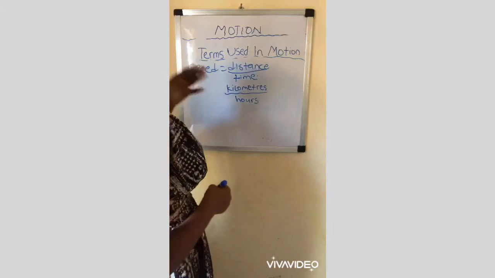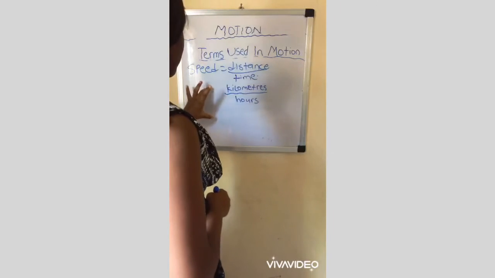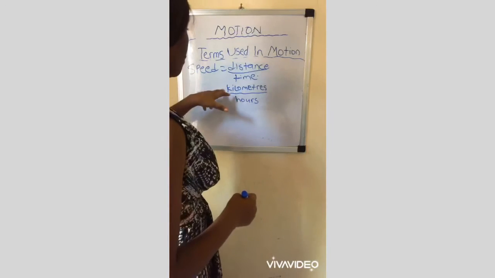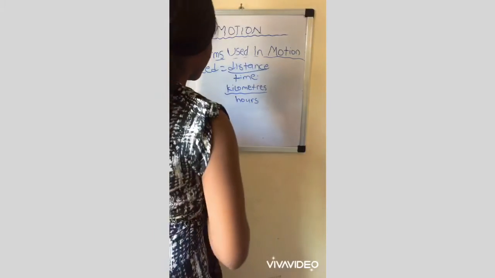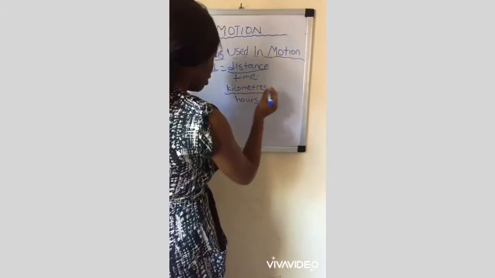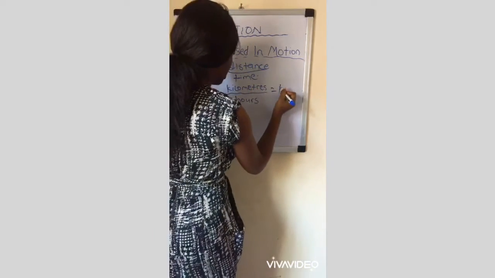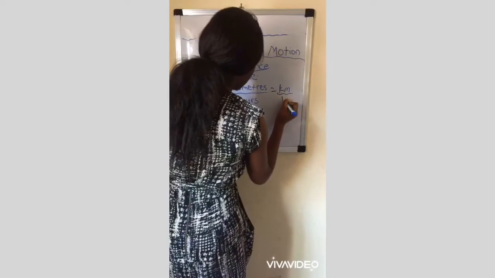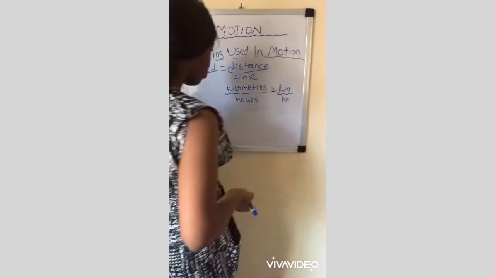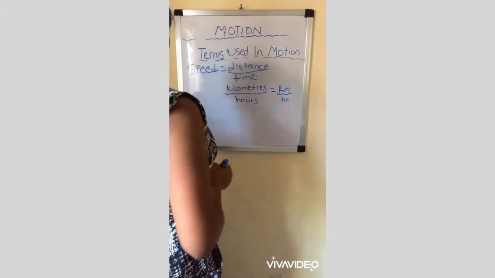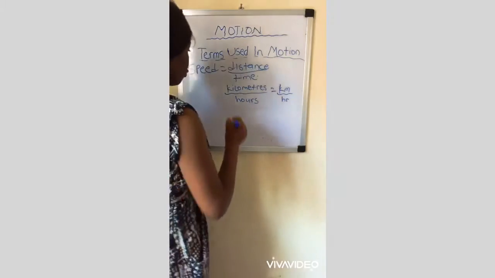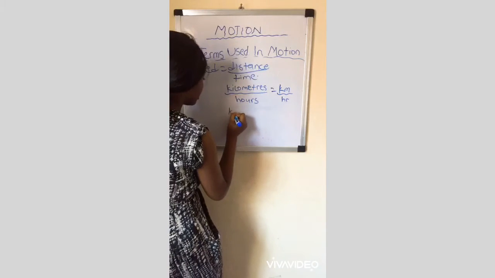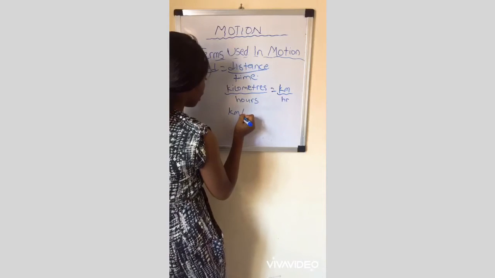So now we can get another unit of speed using kilometers and hours. We all know kilometers is denoted with km and hours with hr. So now the unit of speed is kilometers per hour.